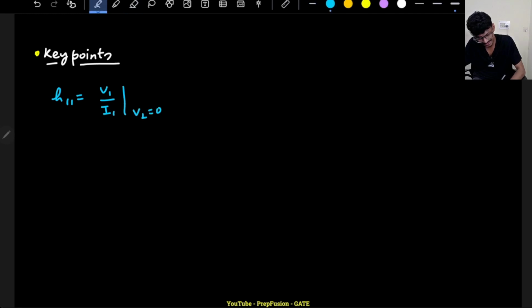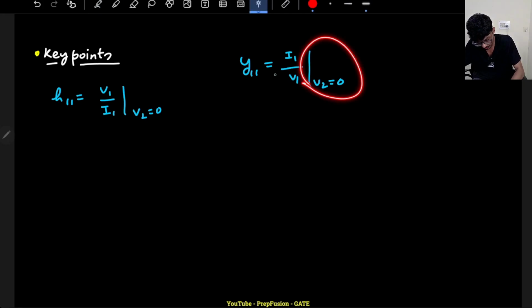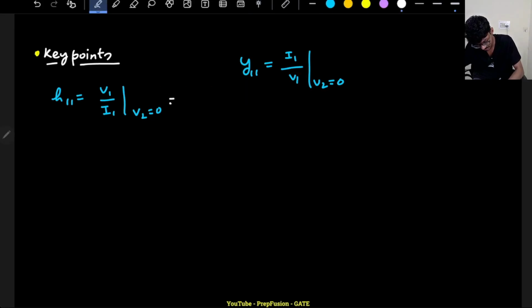Is it something similar? I remember my y11 was equal to i1 by v1 when my v2 is equal to 0. Same condition, right? So basically I can write this h11 as the inverse of y11.